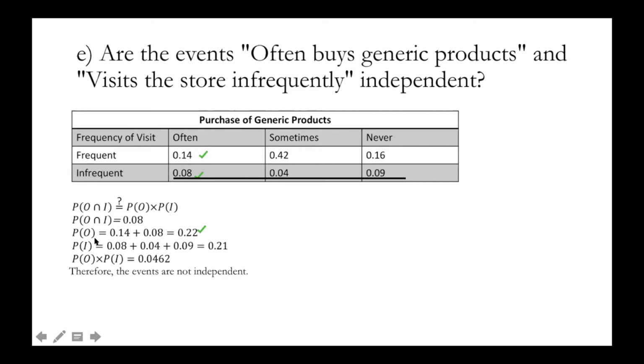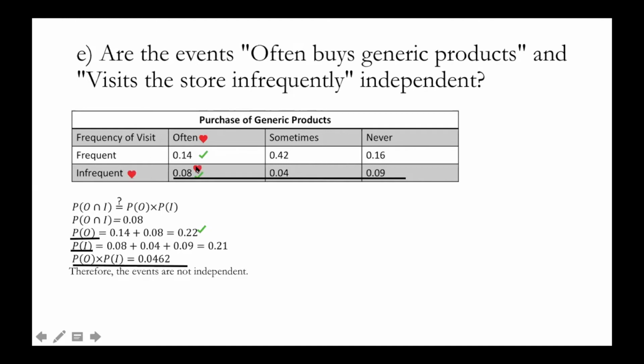So now you know the probability of these two separate events, and if you multiply them, then you know that it will equal 0.0462. And for the intersection of these two events, by this I mean the probability of often purchasing generic products and being infrequent, you need to look at this and then at this.